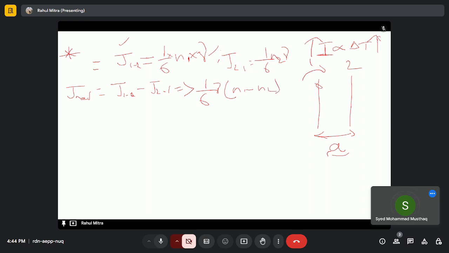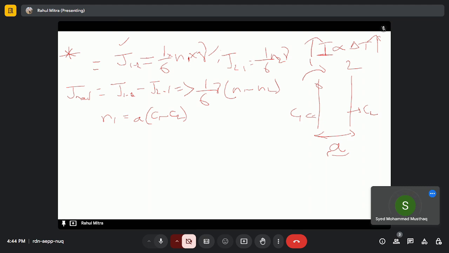So N is the number of atoms per unit area, and if we try to convert it into volume rather than area, then, let's say at 1 we have a concentration C1, and at 2 we have a concentration of C2.